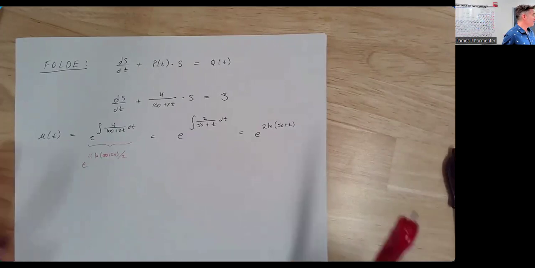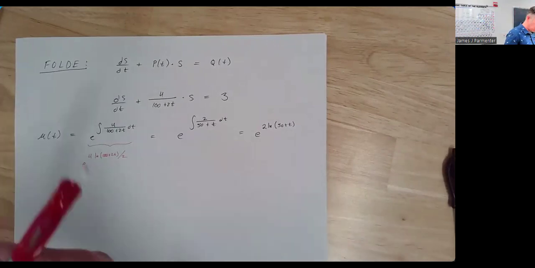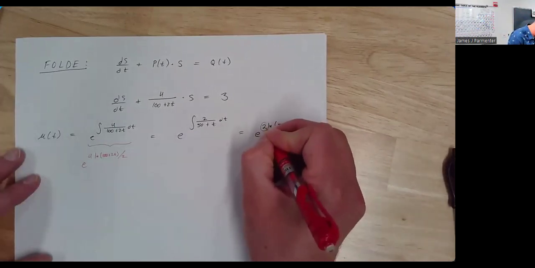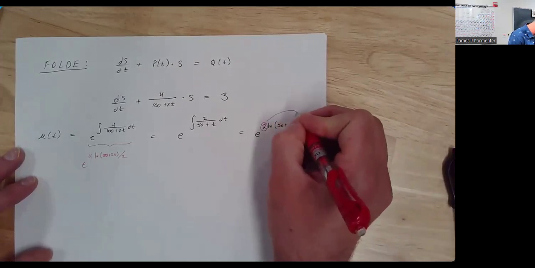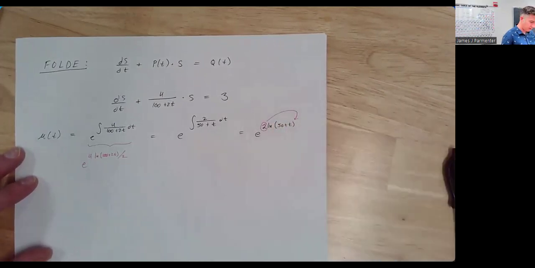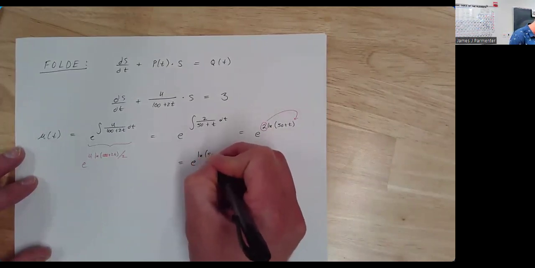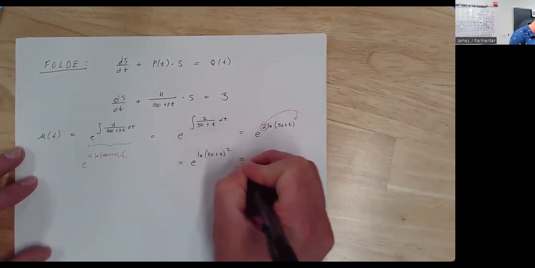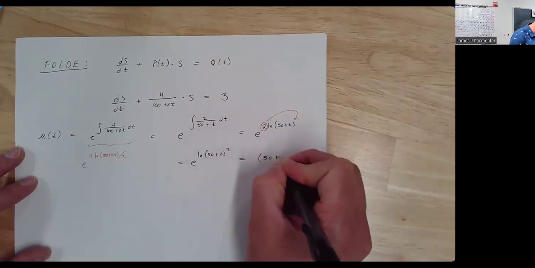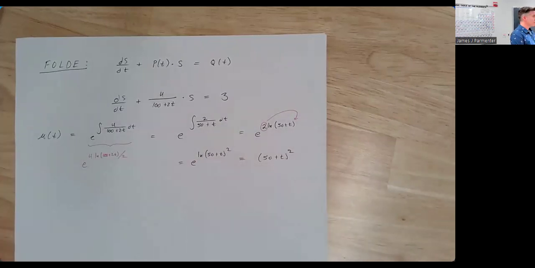If you have an e to the something with a natural log in it, you should take the coefficient, bring it up as the power of the argument of the logarithm, and write this as e to the natural log of 50 plus t squared, which is just 50 plus t squared. We always want to do that if there's a log up there. If there's not a log, then you're kind of stuck with what you have.